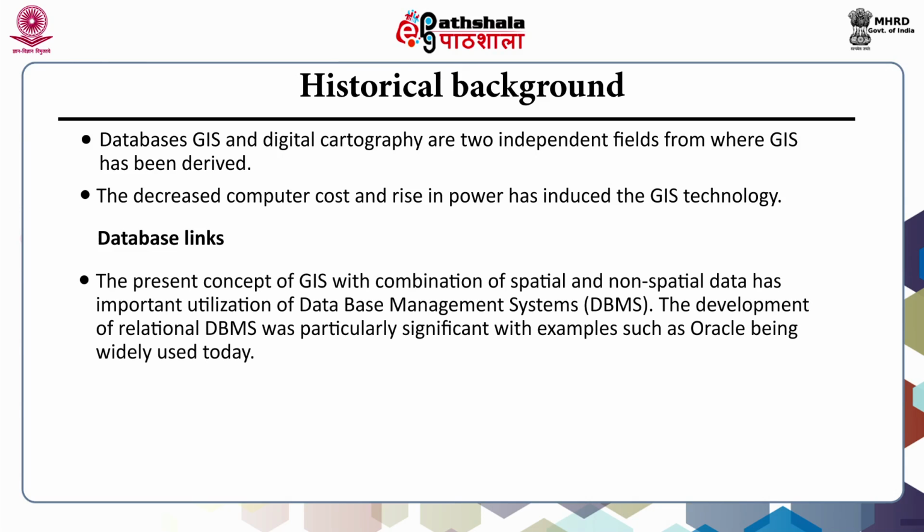The present concept of GIS with a combination of spatial and non-spatial data makes important use of the database management system, that is DBMS. The development of RDBMS, that is relational database management system, was particularly significant in the field of GIS. For example, Oracle, which is widely used today.